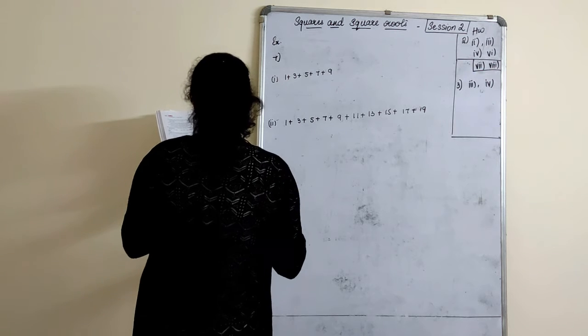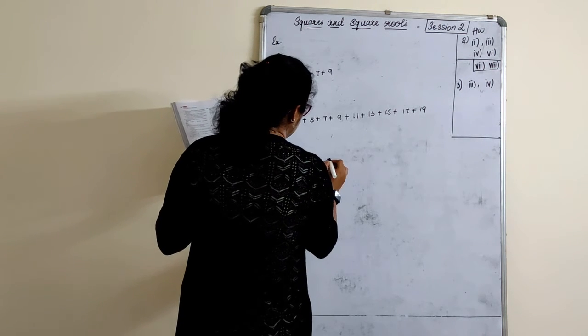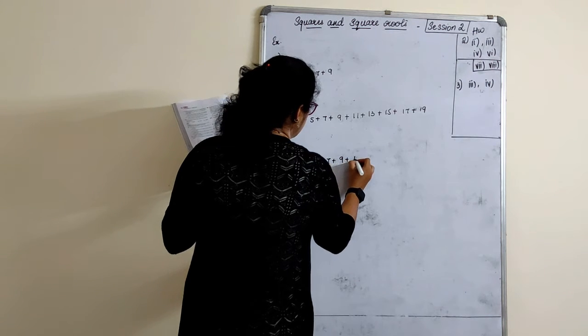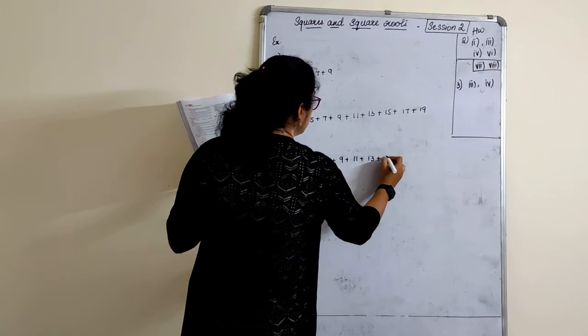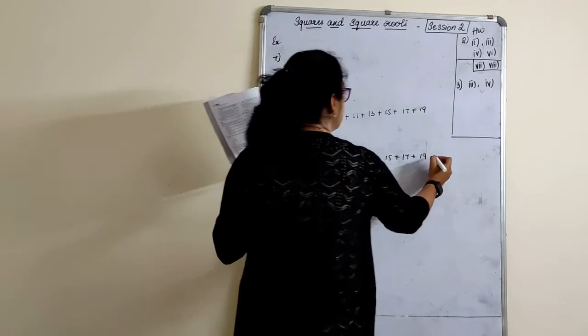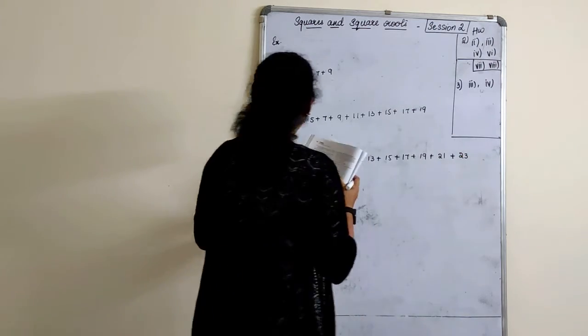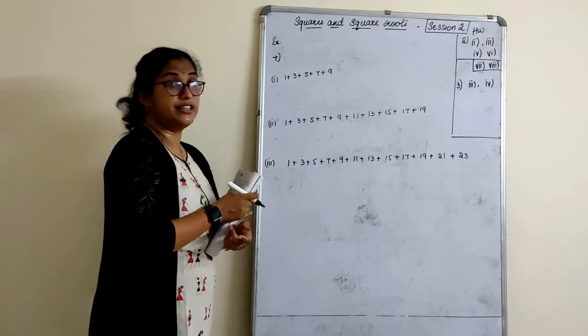And the third one: 1 plus 3 plus 5, 7, 9, 11, 13, 15, 17, 19, 21, 23. Now can you tell me what these numbers I have written are?